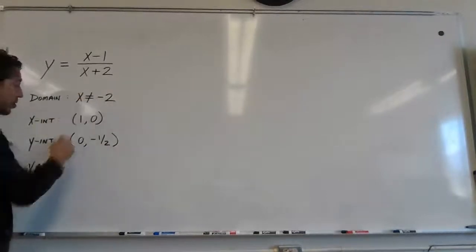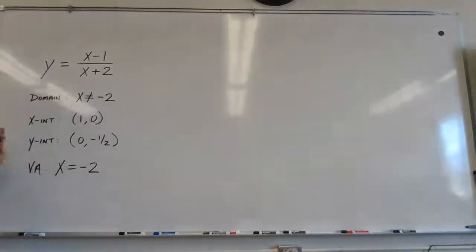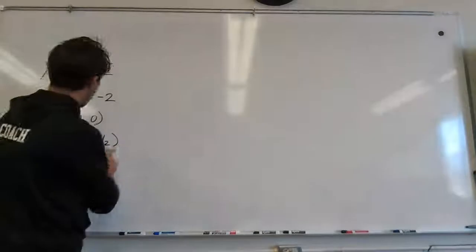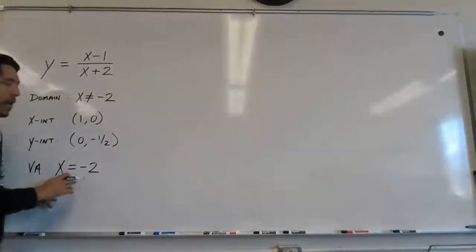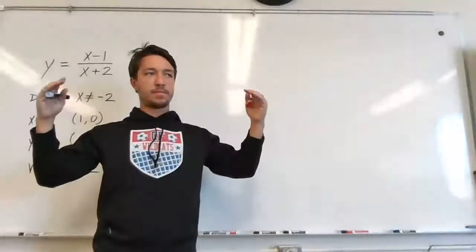Long story short, the vertical asymptote is x equals -2. So if you're wondering what's the vertical asymptote, I'm dying to know. That's it. So why is that? So just generally speaking, at a vertical asymptote, what happens?